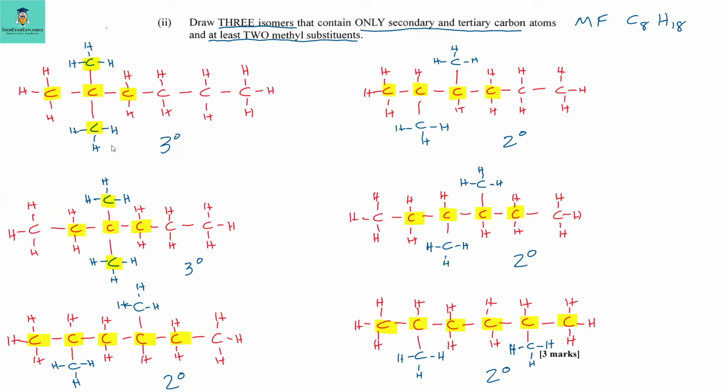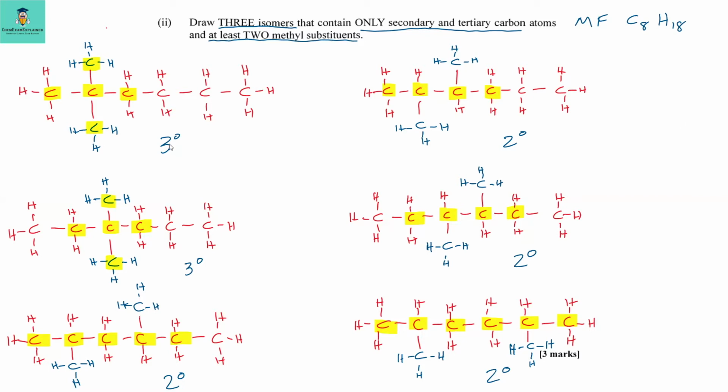Now these methyl substituents are groups that substituted H atoms from the parent. So in the first one, on the second carbon, we have 2 methyl branches. And again, our parent would contain 6 carbons, so that would be hexane. So this would be 2,2-dimethylhexane.